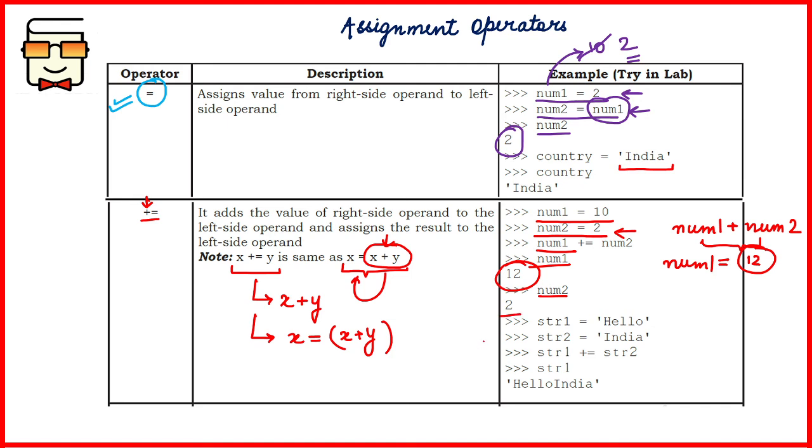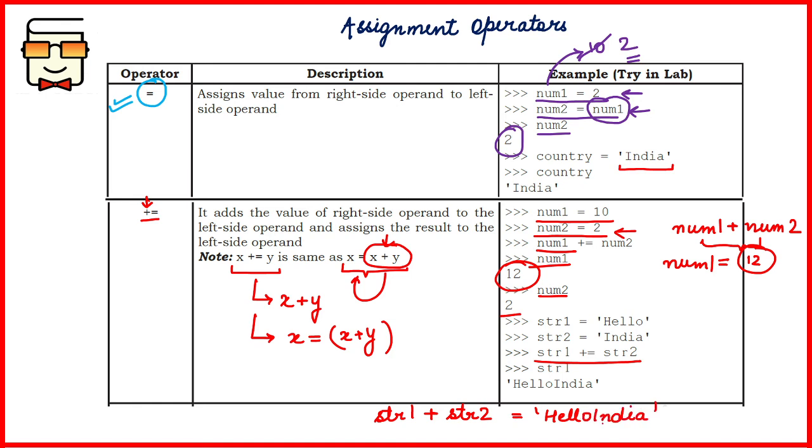And num2, since it was assigned the value 2, will still have the value 2 itself. In the case of strings, when you say str1 plus equal to str2, what is actually happening? First str1 plus str2 is calculated. According to the arithmetic operation, if the plus operator is applied to strings, it results in a new string that has the two strings appended to each other, or concatenated.